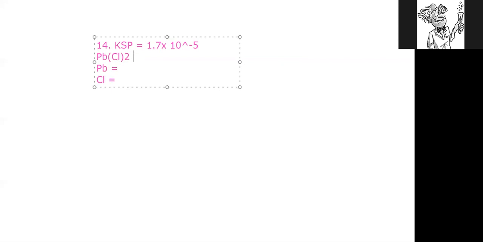We have Pb 2+, and then chloride, Cl minus, and we have to have 2 to make it balanced. Okay, that's fine. So is it balanced now? Yes. Perfect. Now we can work out S.